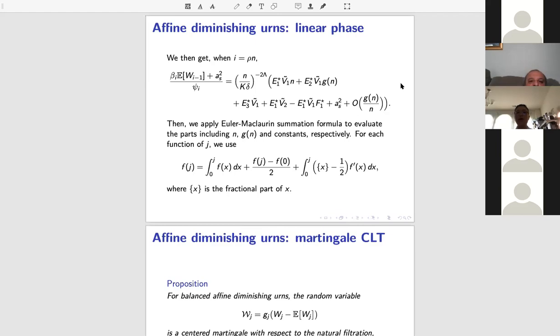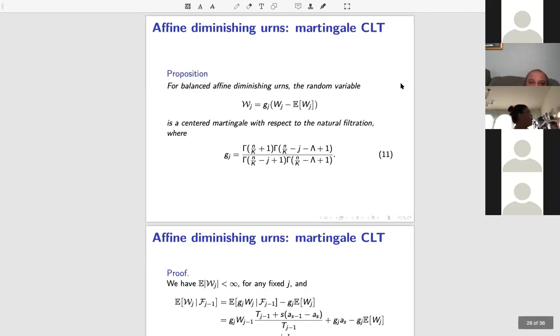So for the linear phase, after having the asymptotic expansions for the mean and the variance, our next step of the analysis is to get the limiting distribution of the process in the tenable ranges through the martingale central limit theorem.